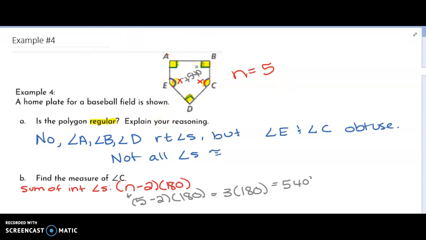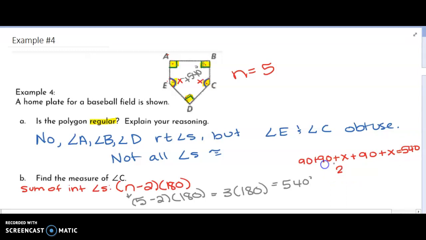Now I can go a step further. I can say that angle A plus angle B plus angle C plus angle D plus angle E is 540. Angle A is 90. Angle B is 90. Angle C, we called it X. Angle D is 90. Angle E, we called it X, equals 540.